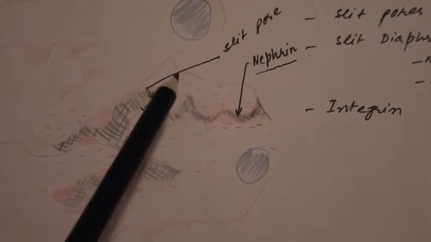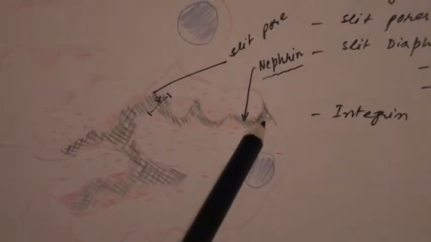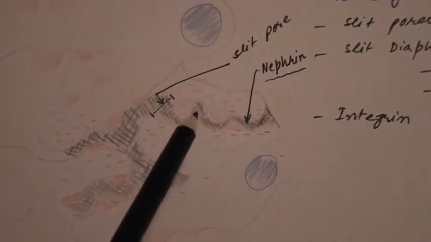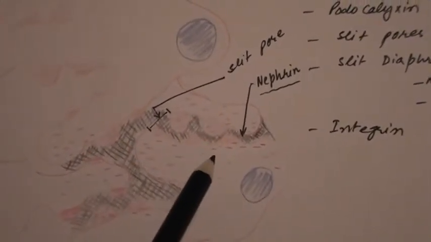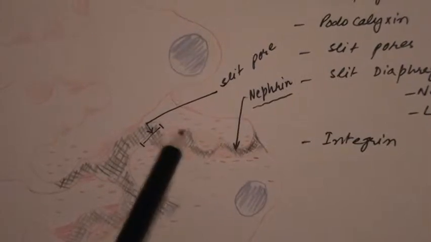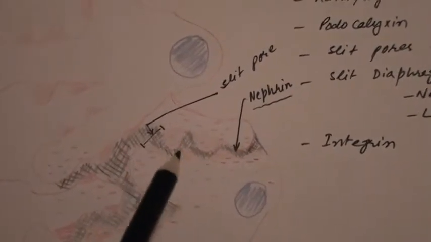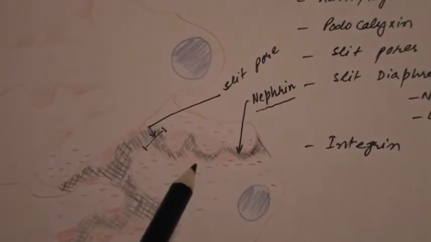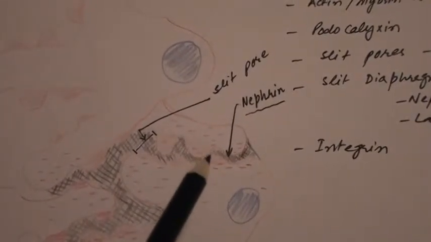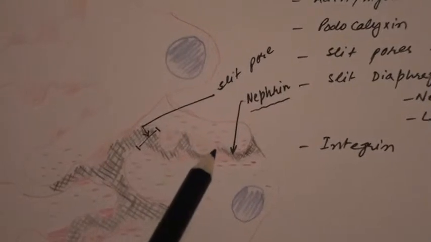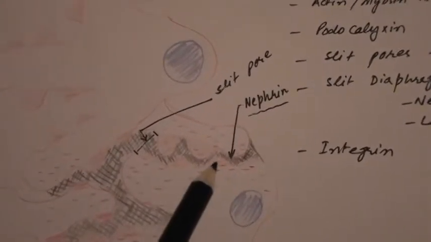If you see 2 podocytes here, between their processes there are gaps which are called slit pores, and as we talked before, podocytes are covered with glycosaminoglycans, and that causes their slit pores to stay open, because these fingers try to slip past each other because of negative charge.